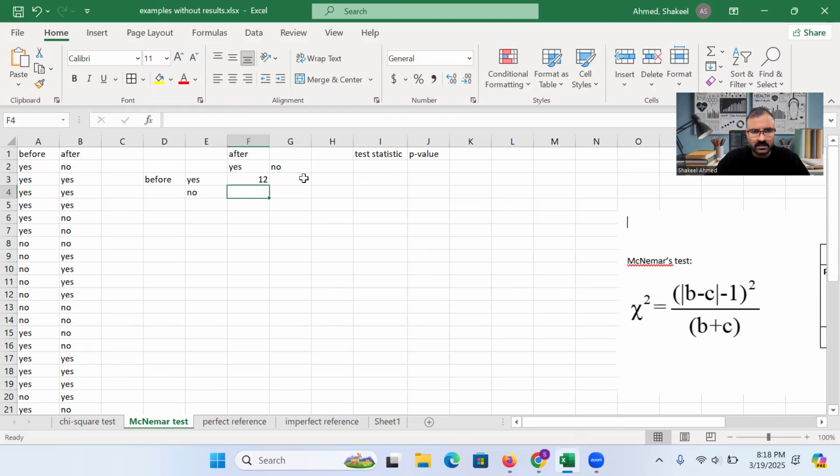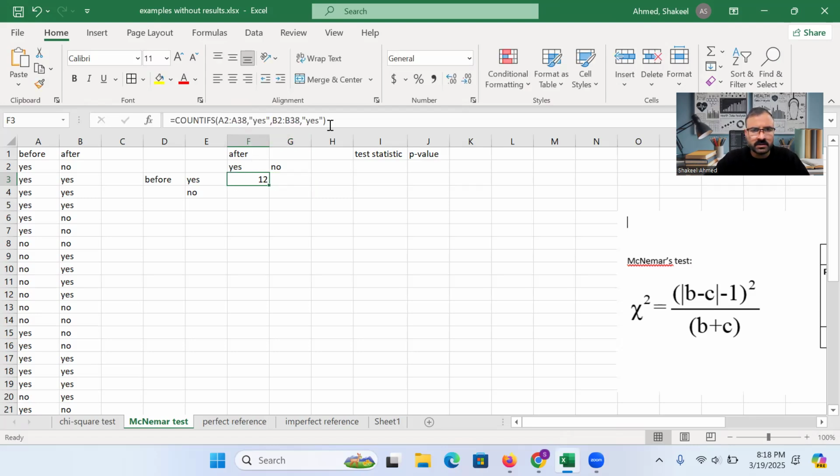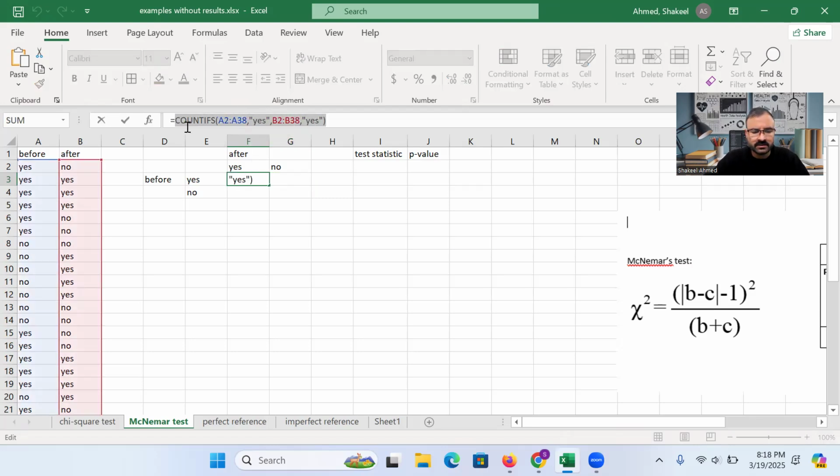So you can see the same data. For no, you can just copy the command and then change the choices.